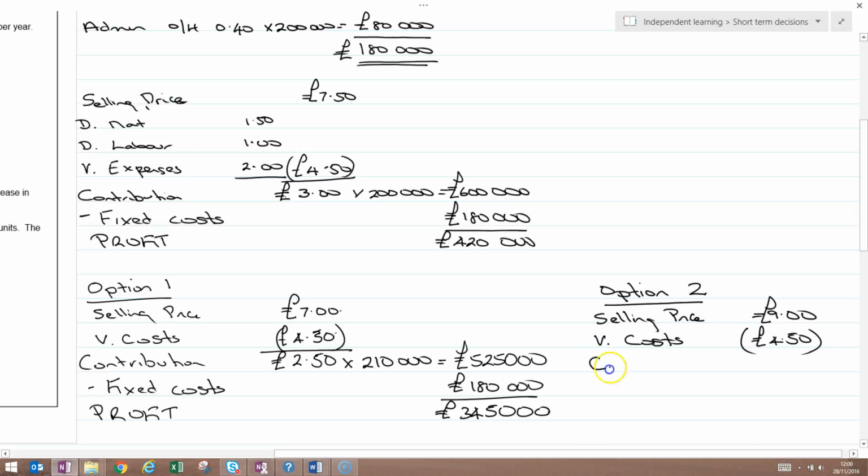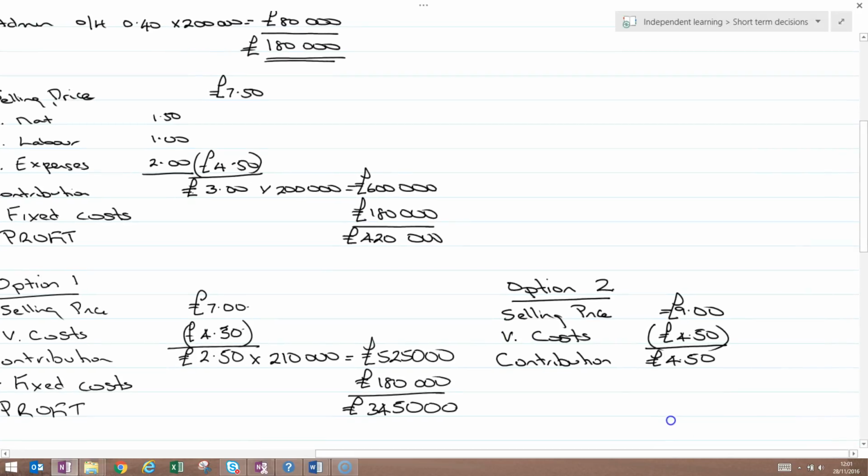So that means under option 2, we're making a contribution of £4.50 a unit. So on a unit basis, that's an increase. However, because of the increased selling price, we were now expecting only to sell 150,000.